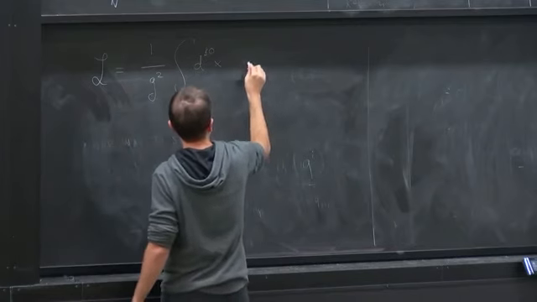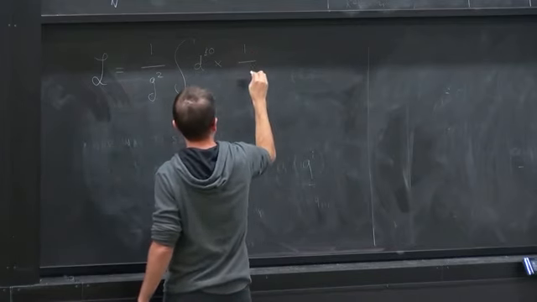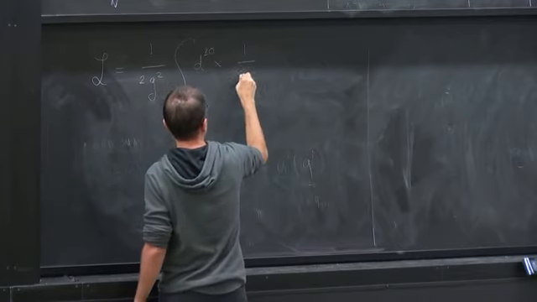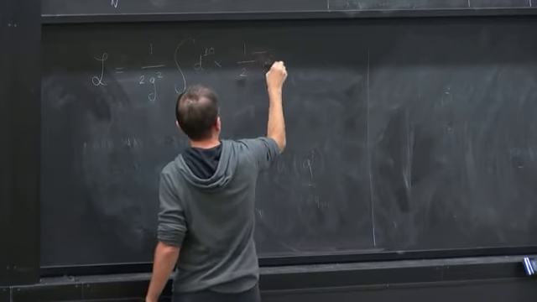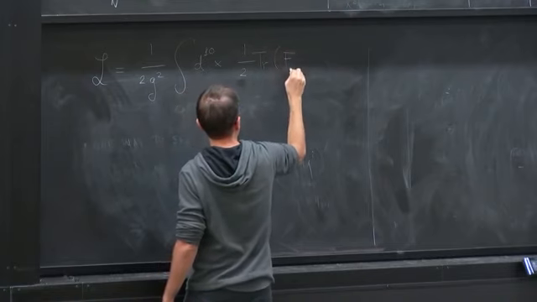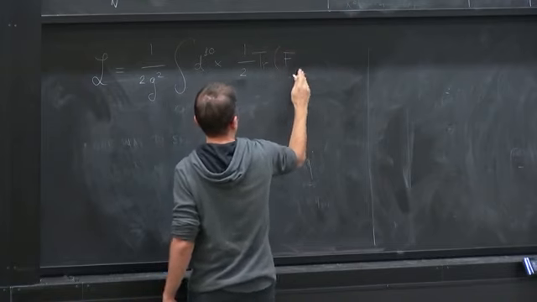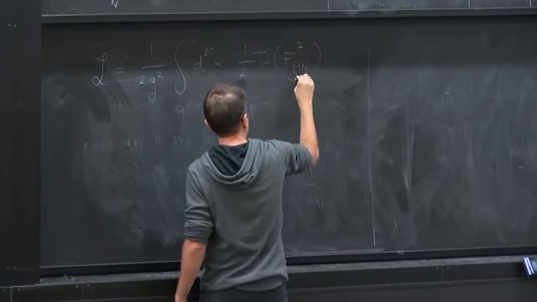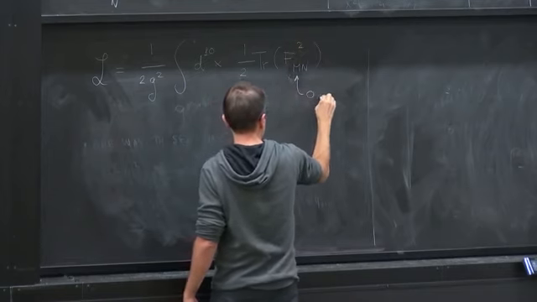Then there is, I think conventionally, if we put a 1/2, then there will be 1/2 of trace of F_MN squared, where M takes values from 0 to 9.